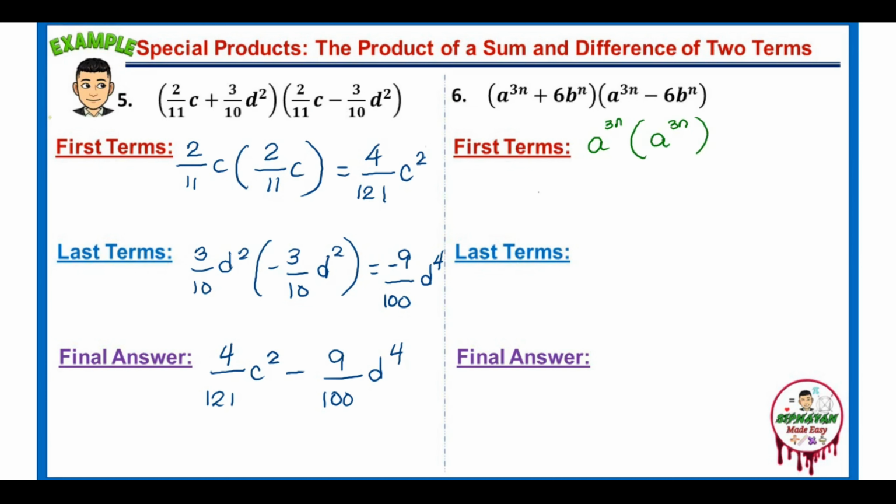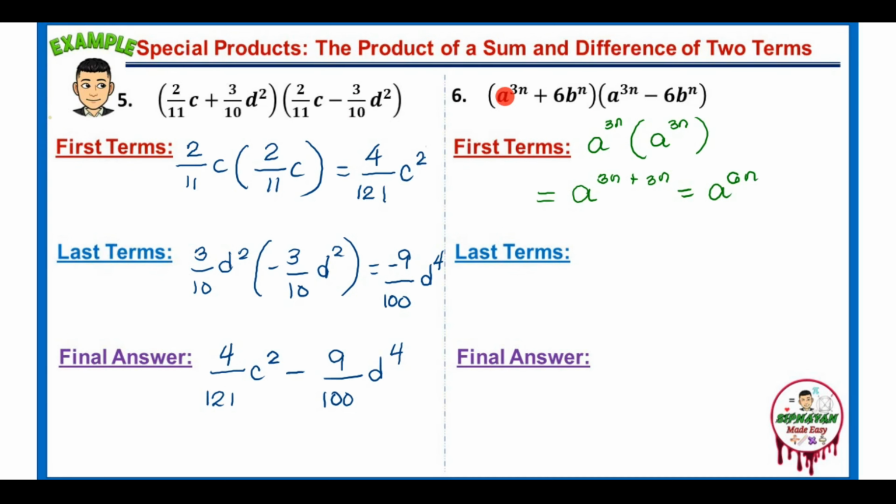In this case, we're going to copy the variable a since they are the same, and what we are going to do with the exponents is to add them, applying the product rule for exponents. We have 3n plus 3n. Therefore, the product of the first terms is a raised to 6n.